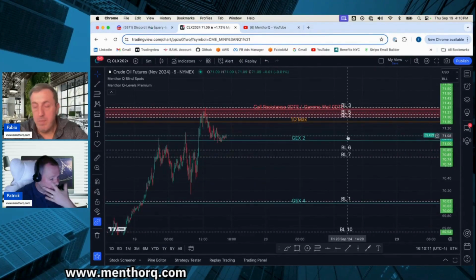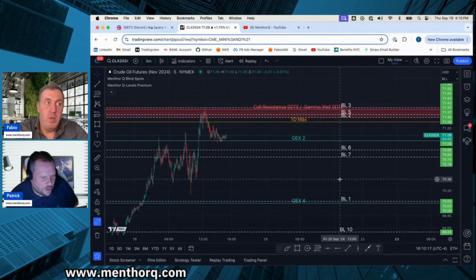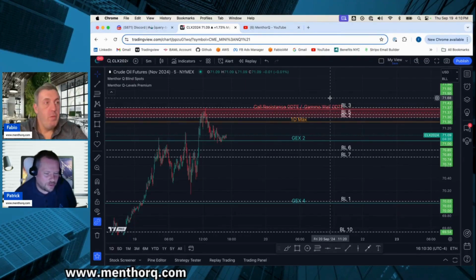Yeah, and something I can add to this, Fabio, is people often say, hey, there are so many levels on my chart, this confuses me. And when I know why is it blind spot 3 and 5, and what is the difference between the blind spot levels, what impact the blind spot levels have, I can tell you something.